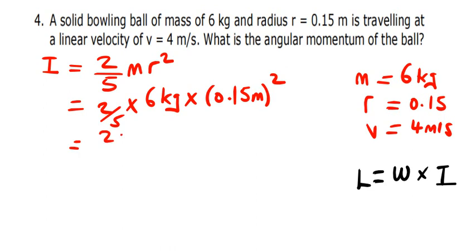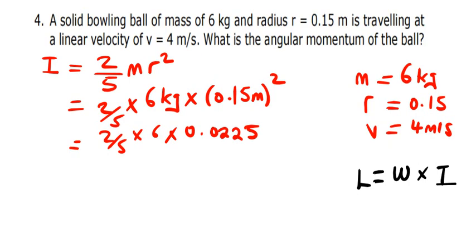So we've got 2/5 multiplied by 6 multiplied by 0.15 meters squared. 0.15 squared gives me 0.0225. Now that I've got this, let me multiply everything: my answer multiplied by 6 multiplied by 2, divided by 5.